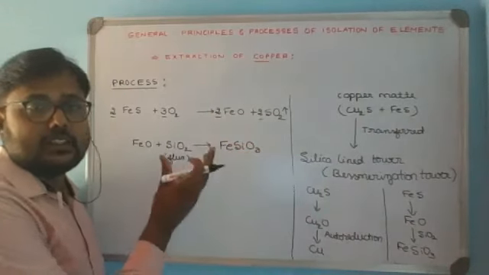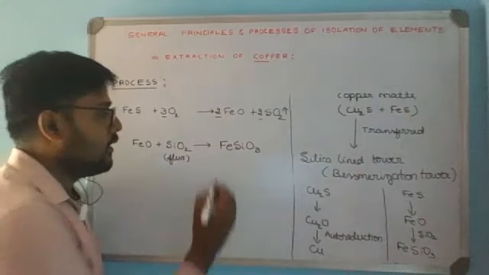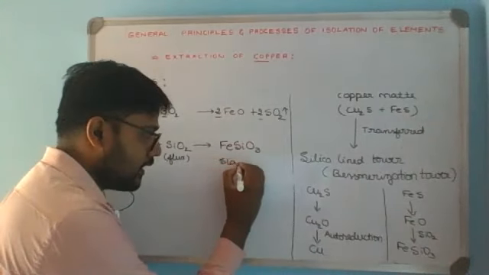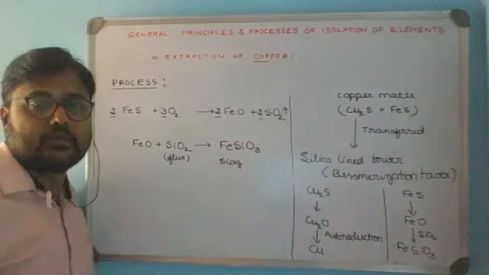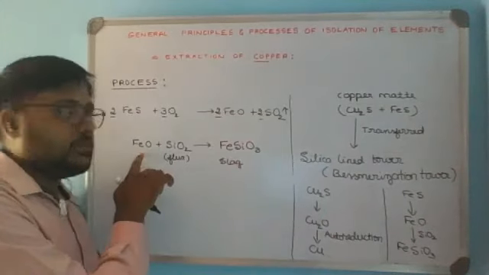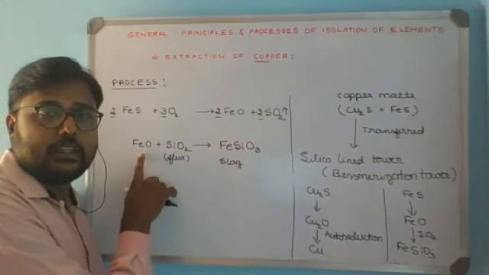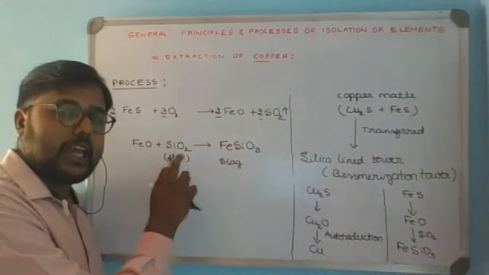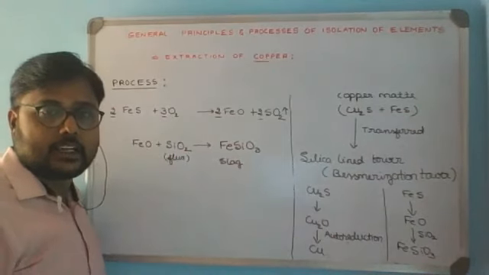We already learned a similar slag formation in the earlier topic, the blast furnace, where the calcium oxide removes the gangue silica in the extraction of iron.